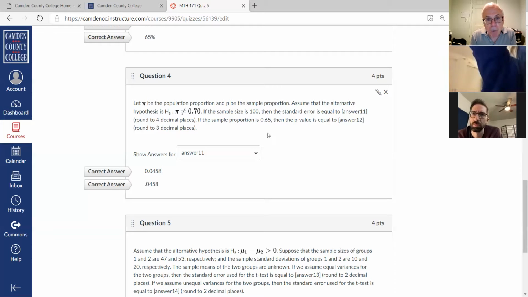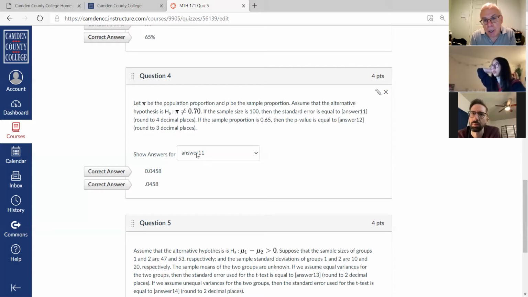All right. So to find the p-value in this case here, since the alternative hypothesis says not equal to, it's a two-tailed test. So once you have your test statistic, since the test statistic will be negative, because the numerator is going to be 0.65 minus 0.7, and then you divide by 0.0458, I think that's just an approximation.